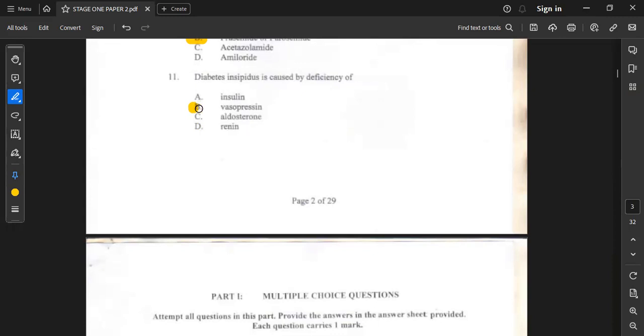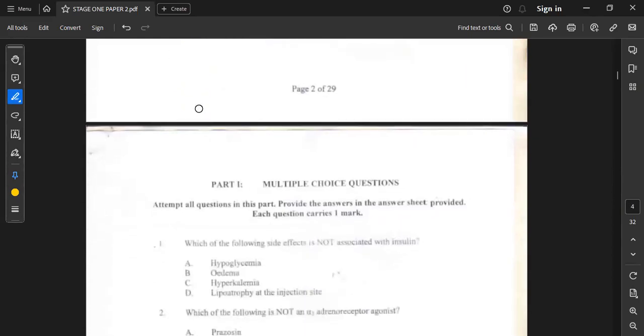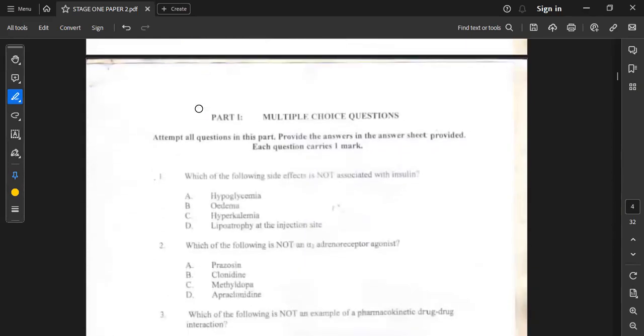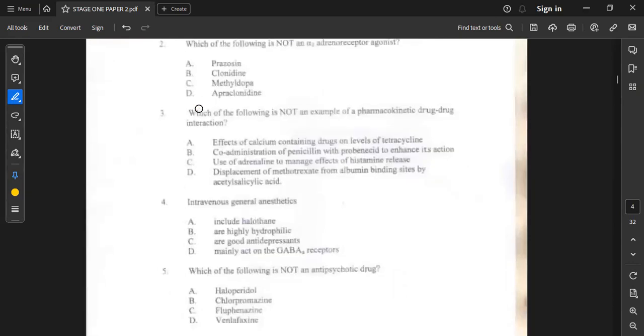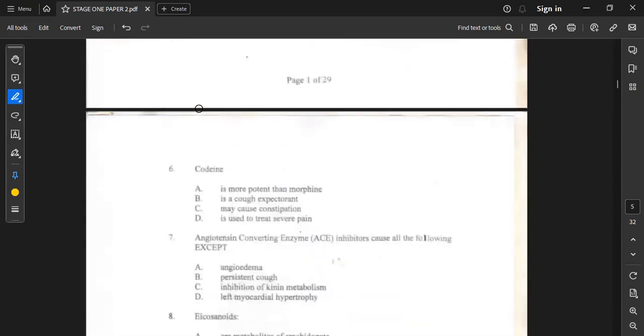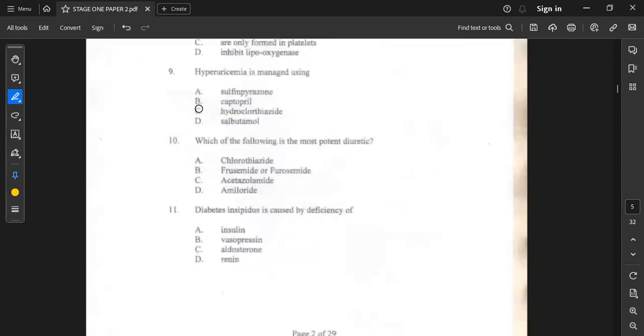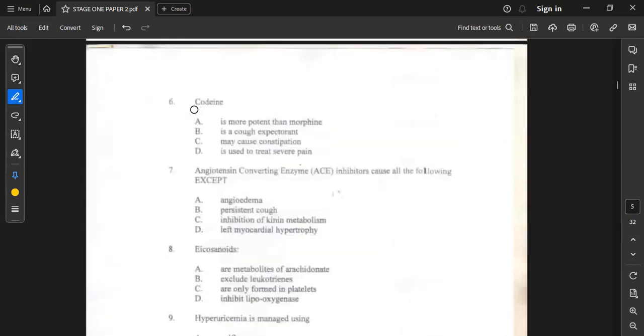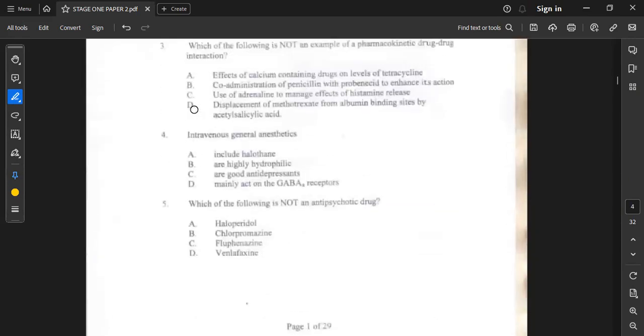Perhaps on my side, what I know is that there is central diabetes insipidus and nephrogenic diabetes insipidus.